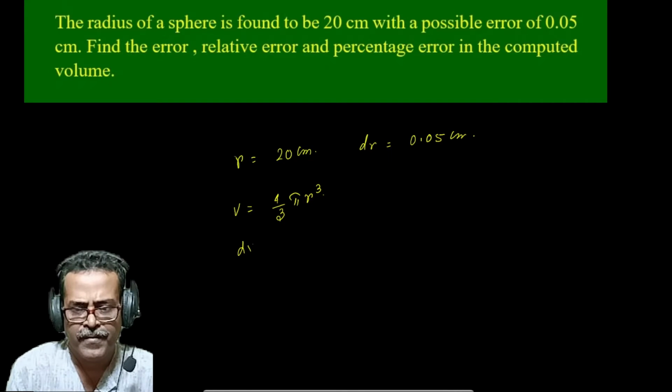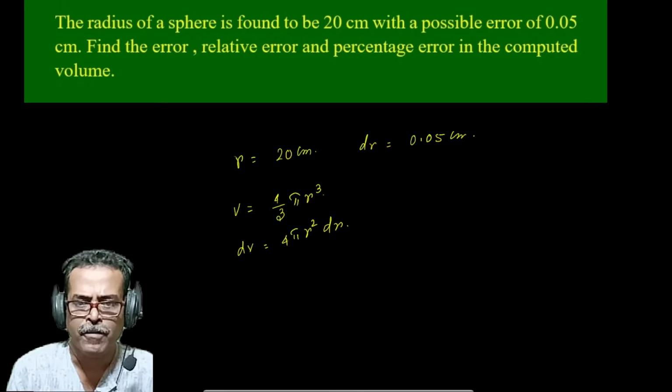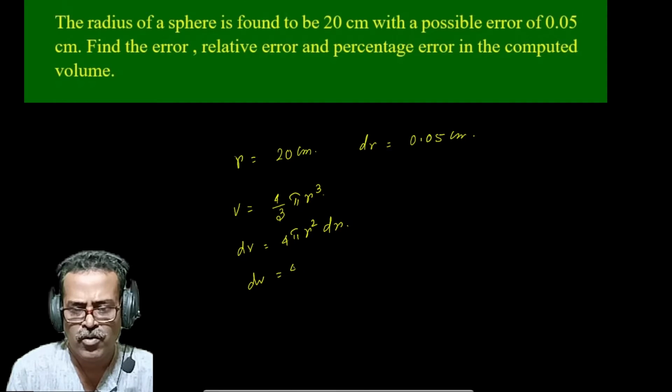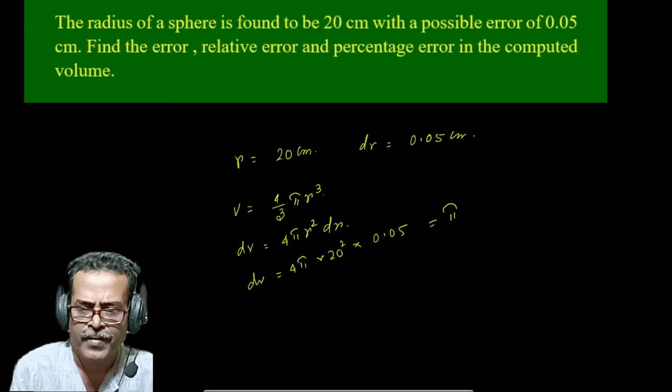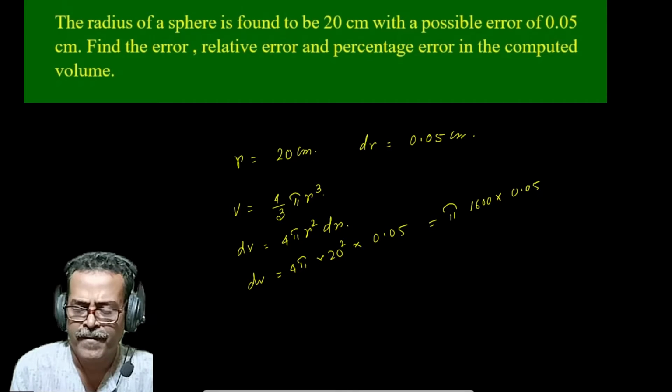So dV is equal to 4 pi r square dr. Now find the error. dV is equal to 4 pi into 20 square into 0.05, which is equal to 80 pi.